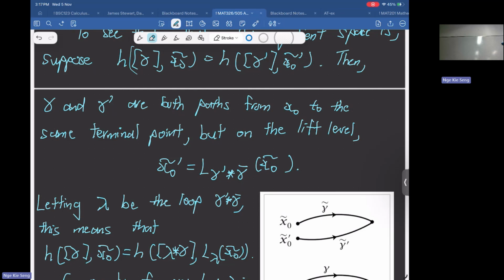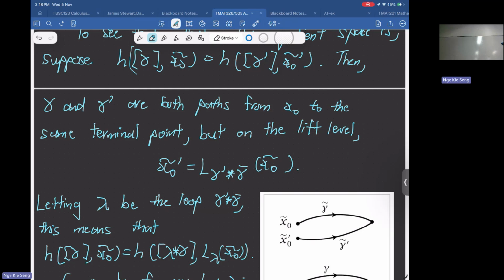But this loop is very special. It is one path composed with the traverse of the other path. It is not a loop in the leaf, but projected down to the base space it is a loop. You understand? Remove the tilde and it is a loop if you compose them, because removing the tilde, these two points are the same. Make sense? So this is one direction.